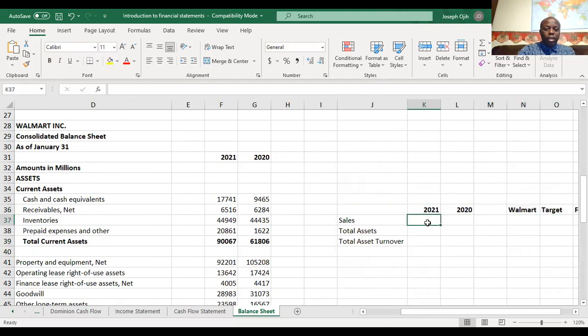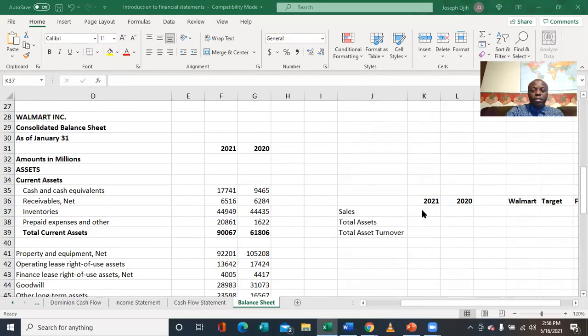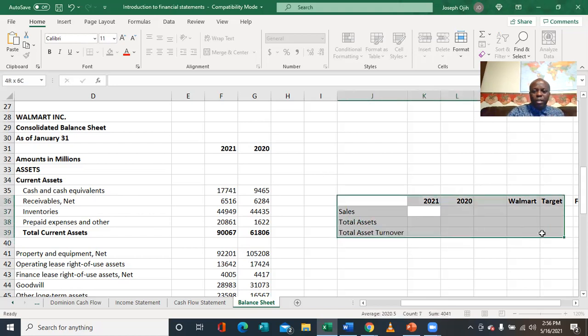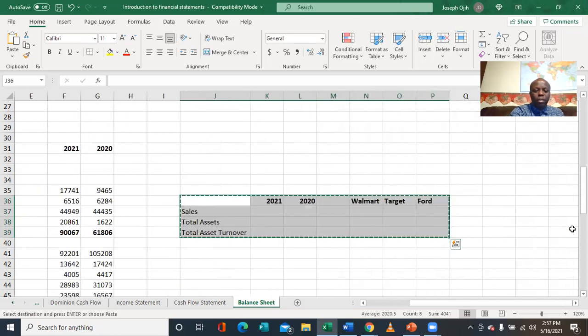Now, from Walmart's income statement, we'll get the sales. Let's go to the income statement and get it from there. I actually prefer to use the income statement for this, so I'm going to copy this, then we can go back and forth to the balance sheet.